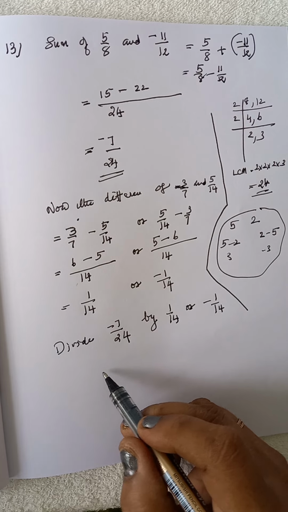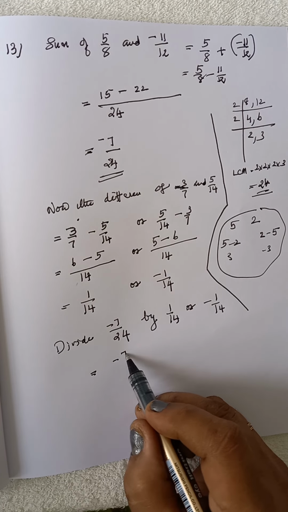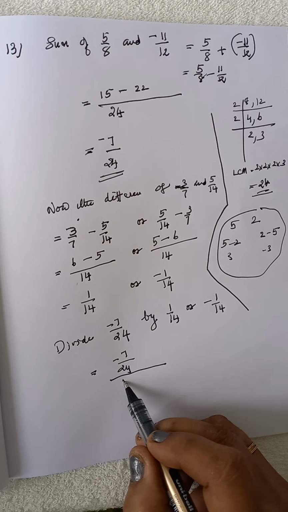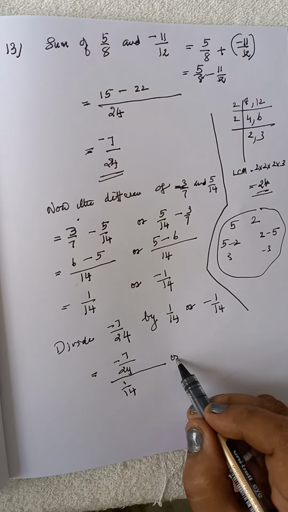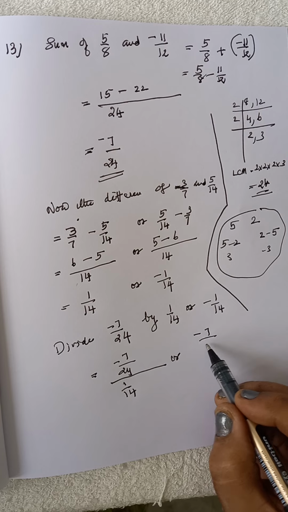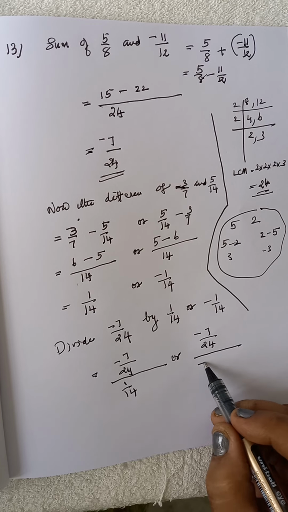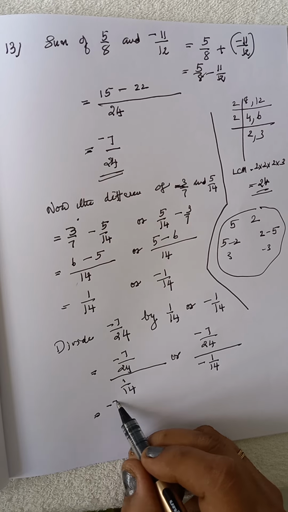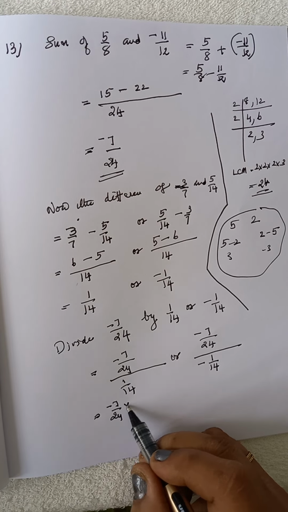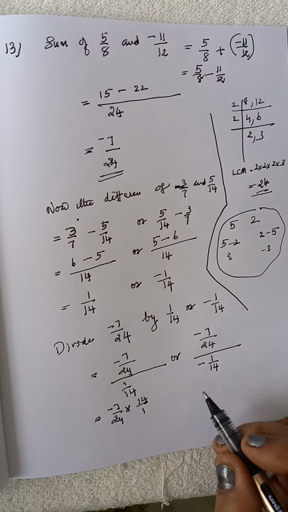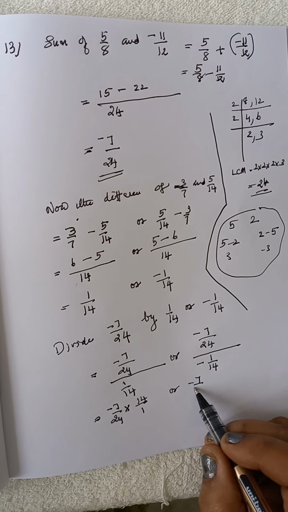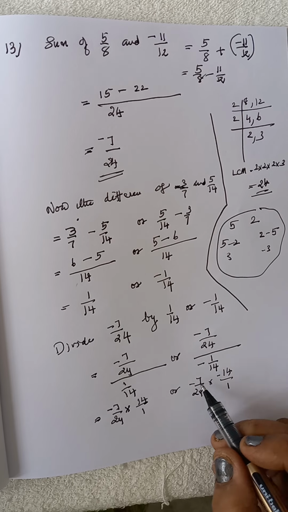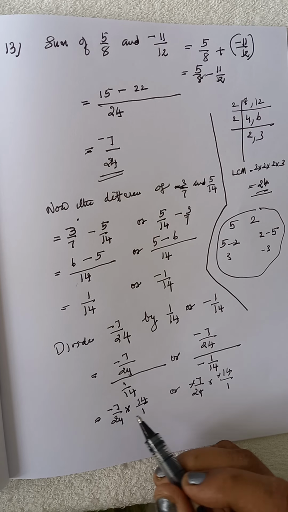So that can be minus 7 by 24 divided by 1 by 14, or minus 7 by 24 divided by minus 1 by 14. So that is equal to minus 7 by 24 into 14 by 1, the inverse, or minus 7 by 24 into minus 14 by 1. Here minus into minus is plus, here minus is there.